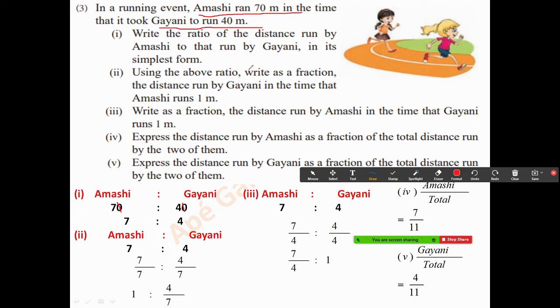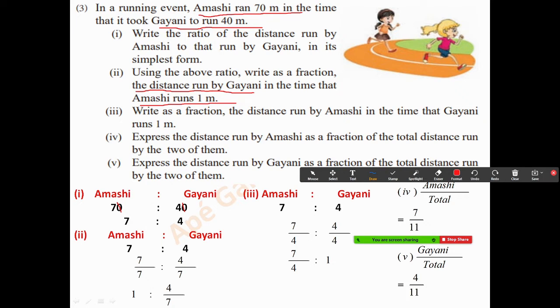That means you have to get 1 on Amashi's side. Amashi's amount should be 1 in this time. When Amashi's amount is 1, you have to write what is the amount of Gayani.